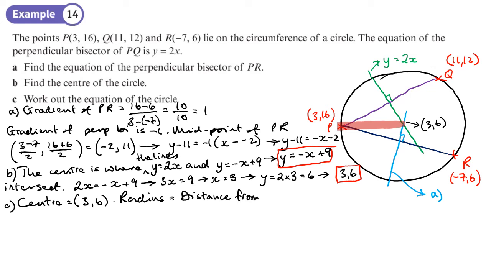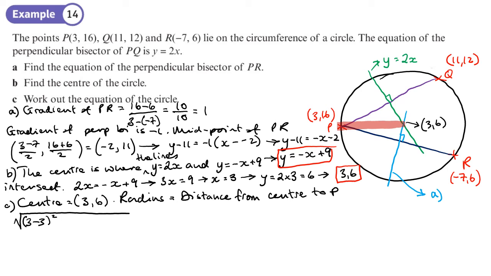from centre to P, and that's going to be the square root of, so I want the difference between the x coordinates. That's going to be 3 minus 3 squared.